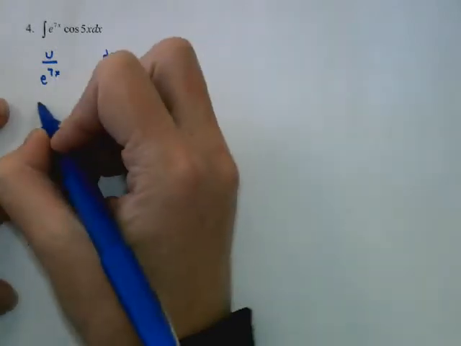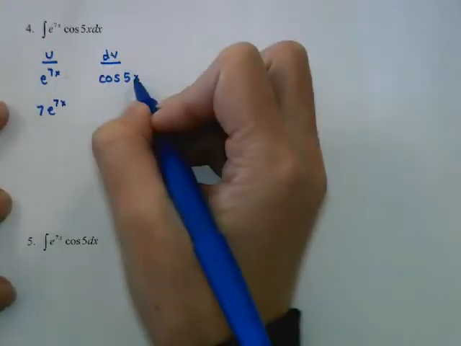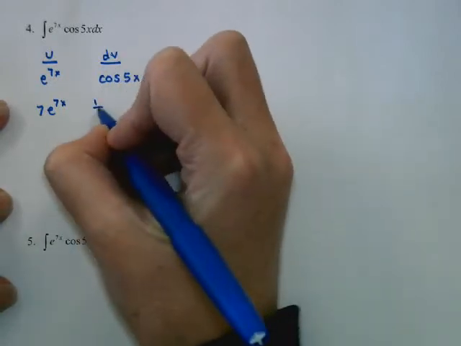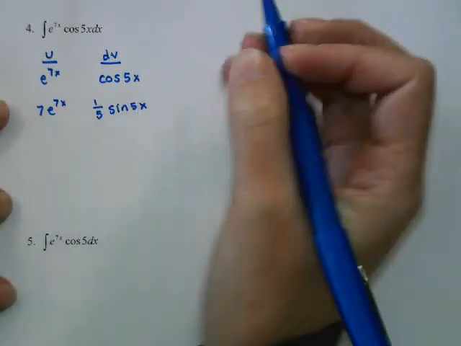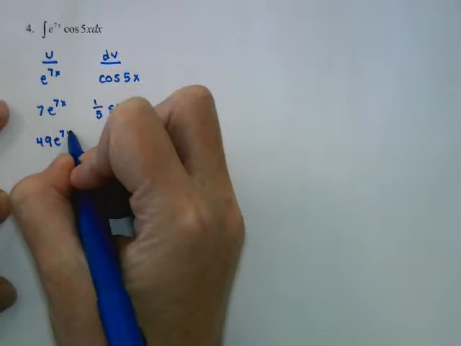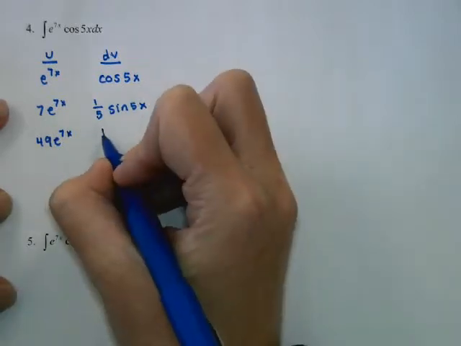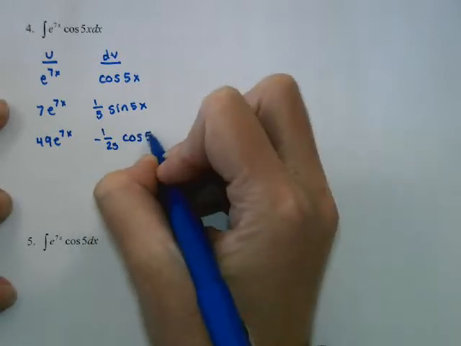So my derivative is going to be 7e to the 7x. My integral is going to be 1/5 sine 5x. Derivative will be 49e to the 7x. My integral here will be -1 over 25 cosine 5x.